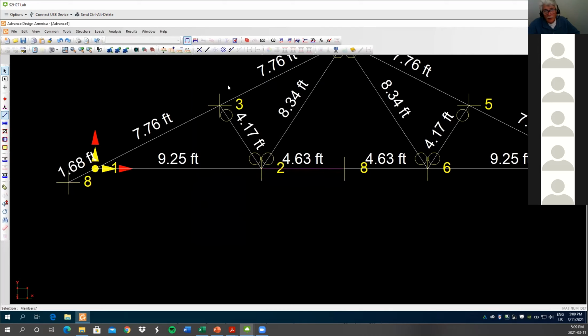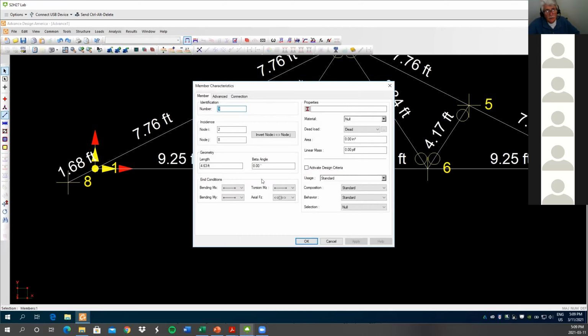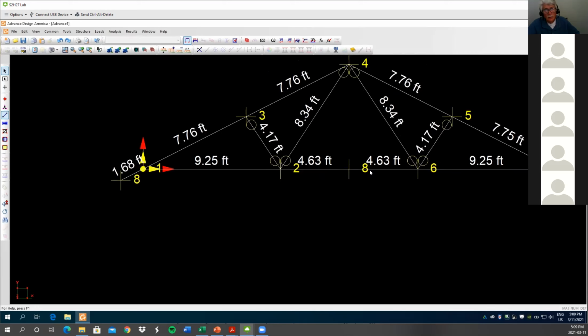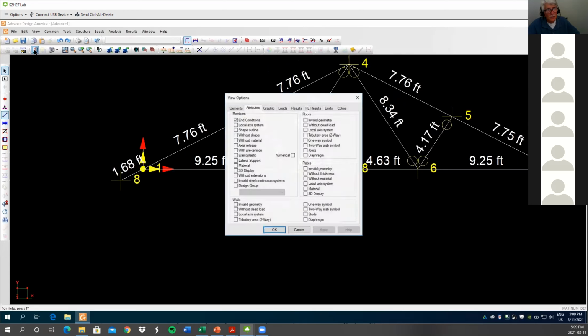But what I'm saying is that now, look, this is node number 8. What node is this? How come this is 2, this is 8, and this is 6? Something's wrong. These have the same node number.